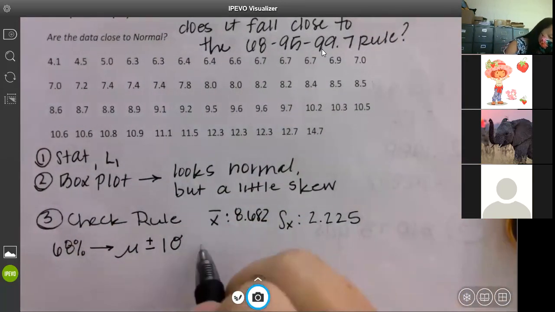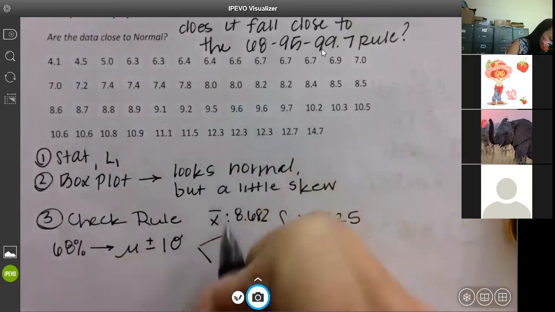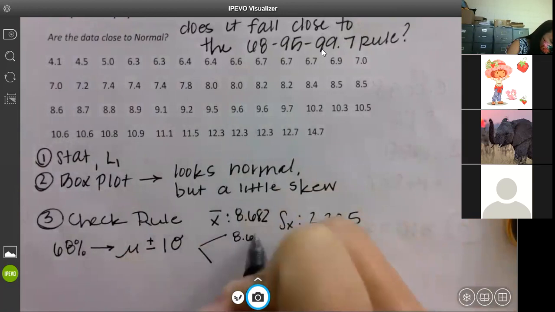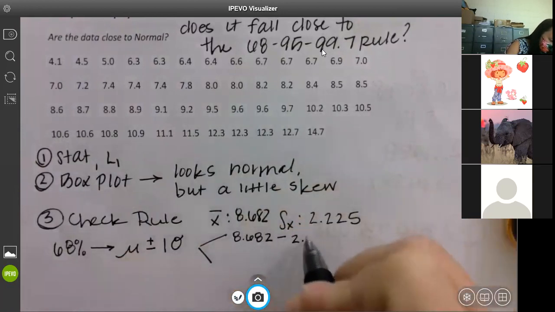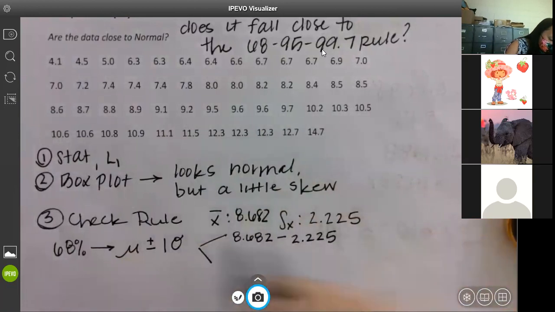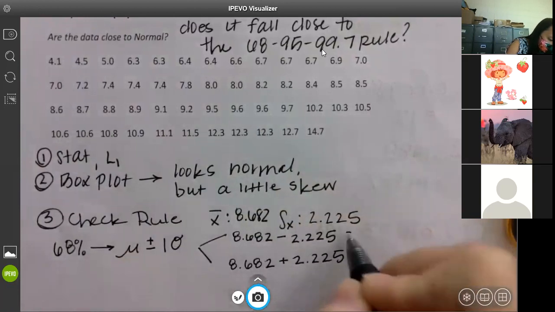I'm going to split this up. We're going to do the lesser first, the smallest one first. So our mean is 8.682, and we're going to subtract 1 standard deviation. 8.682, and we're going to add 1 standard deviation.